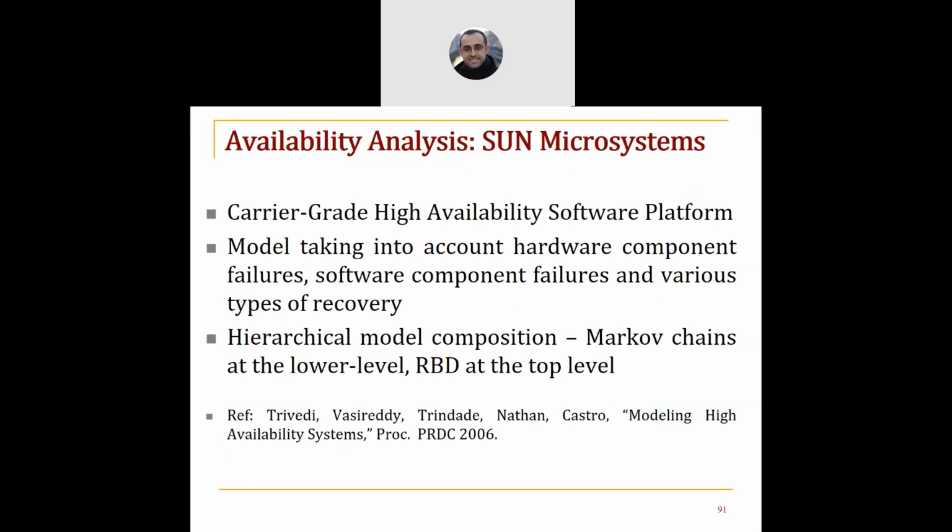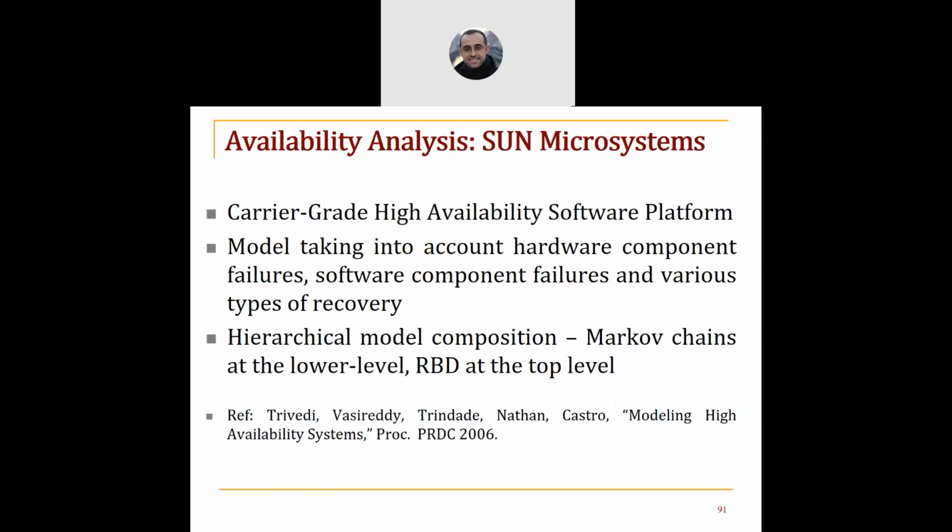So I already alluded to my interaction with Sun Microsystems, where they were interested in helping me model the availability of a carrier-grade high availability software platform. And we developed a model taking into account hardware component failures, software component failures, and various types of recovery.